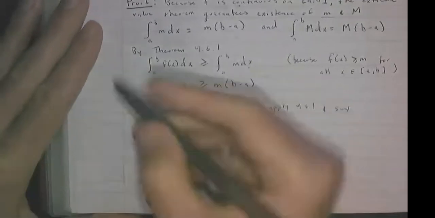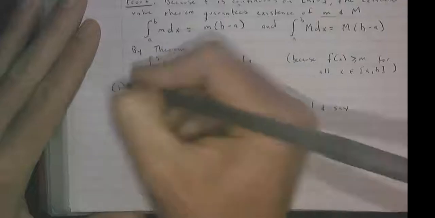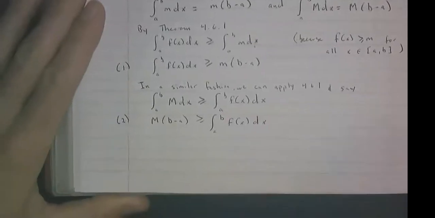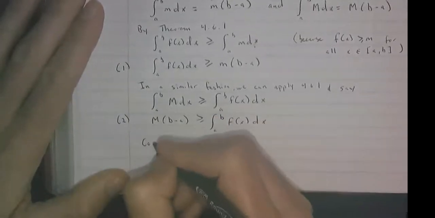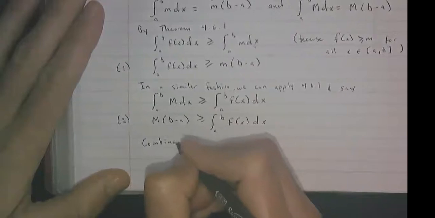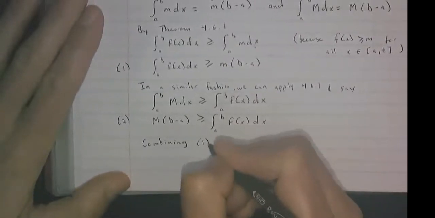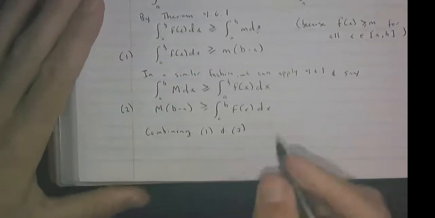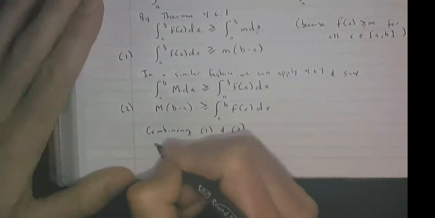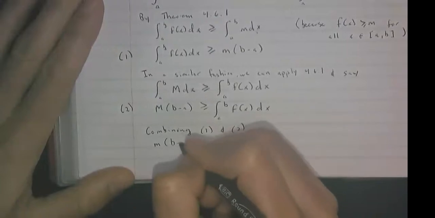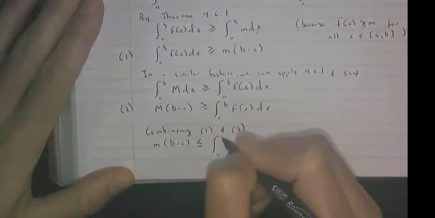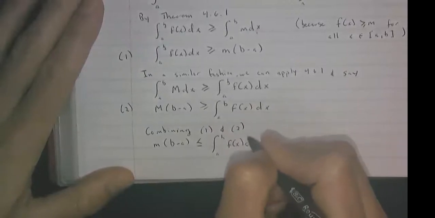And if we call this inequality 1, and this inequality 2, we just combine those and we've arrived at the conclusion. So combining 1 and 2, we have that m times b minus a is less than or equal to the definite integral from a to b of f of x dx.